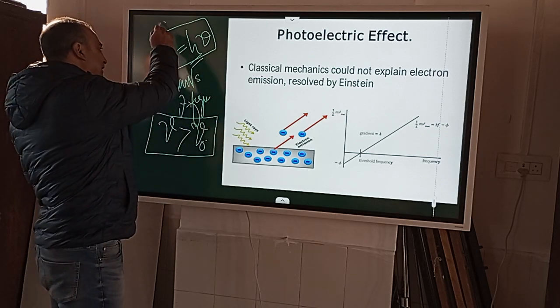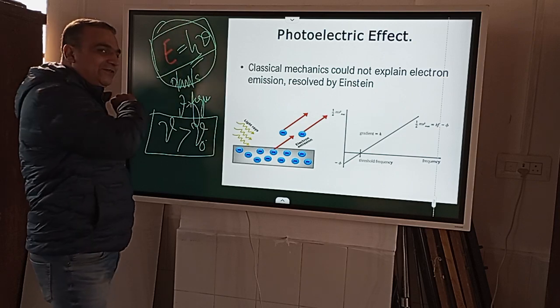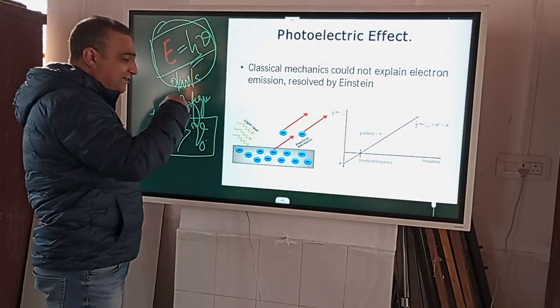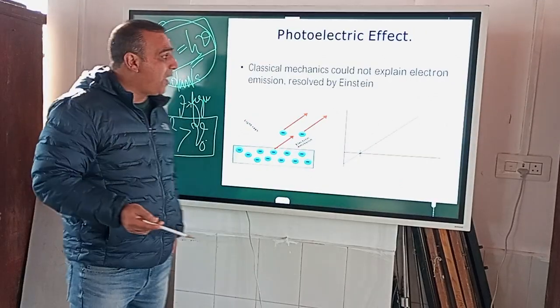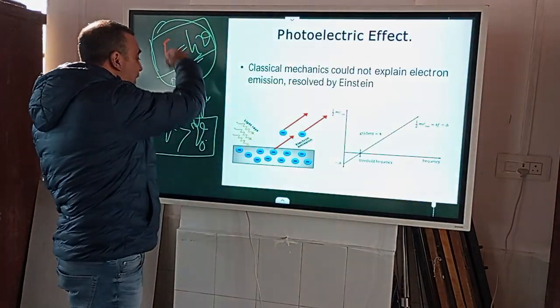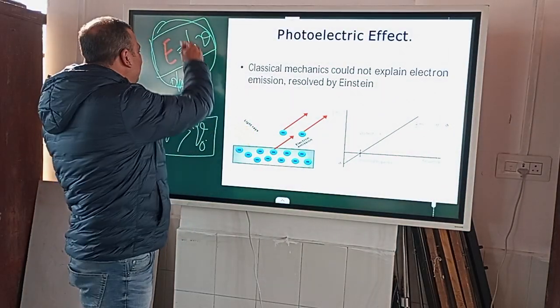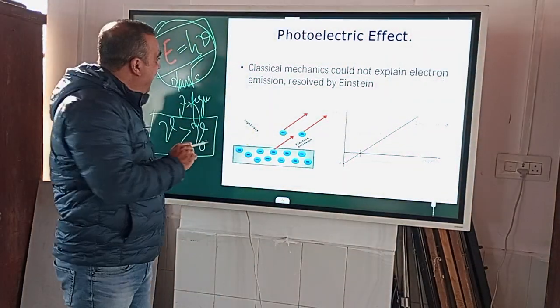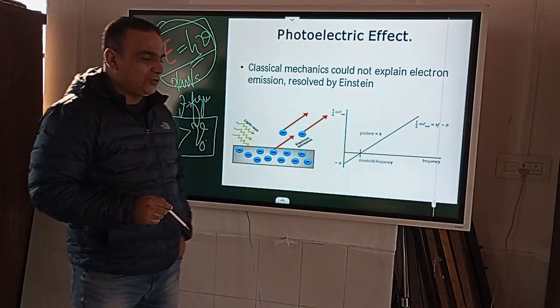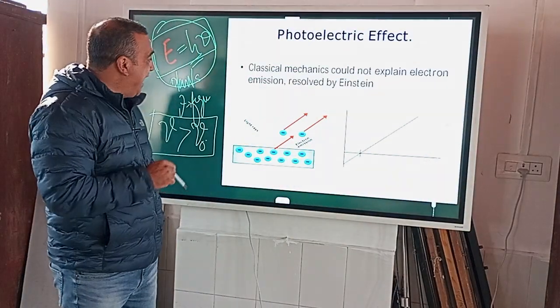Assuming Planck's black body radiation law, which was successfully explained by Max Planck, Albert Einstein used the idea of Planck. He used the quantum nature of light and explained the photoelectric effect quite effectively.